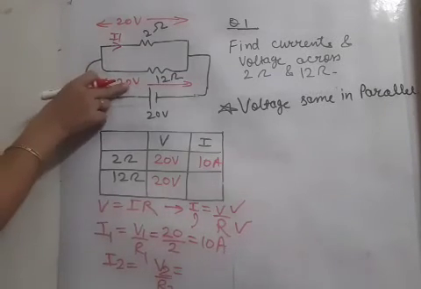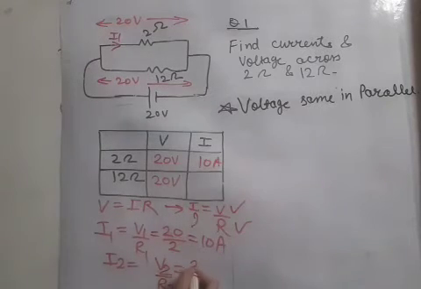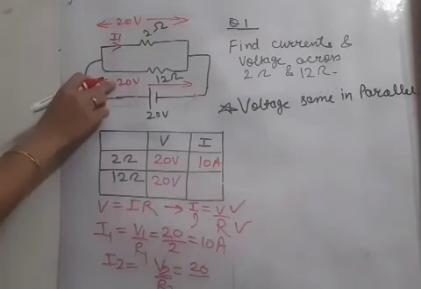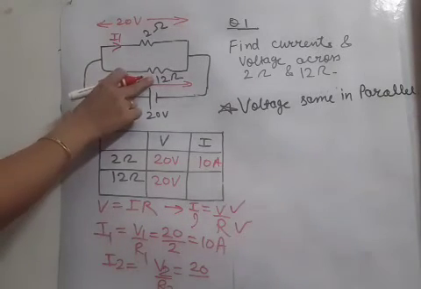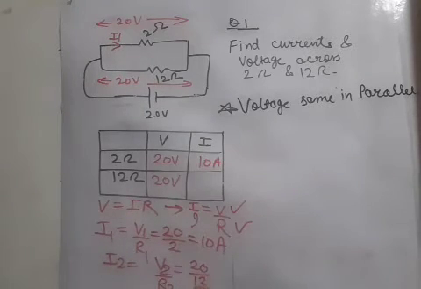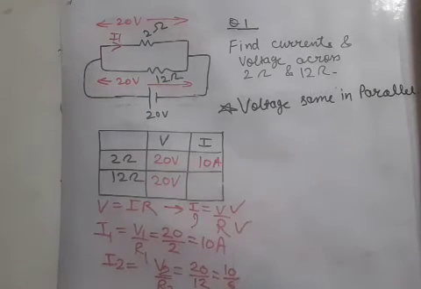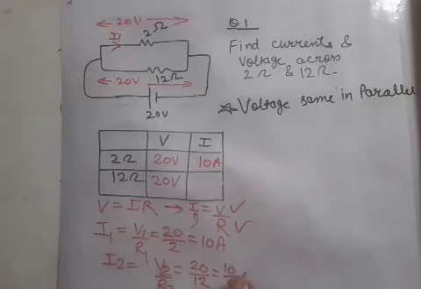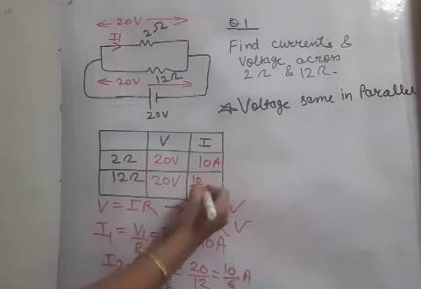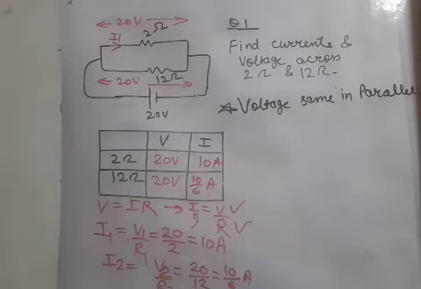Voltage number second is 20, that is the voltage of the second resistor, and the resistance of the second resistor is 12. If we cancel the common term, it is 10 by 6 ampere. So we will get here 10 by 6 ampere. This way we have calculated the voltage and currents of two resistances in parallel.